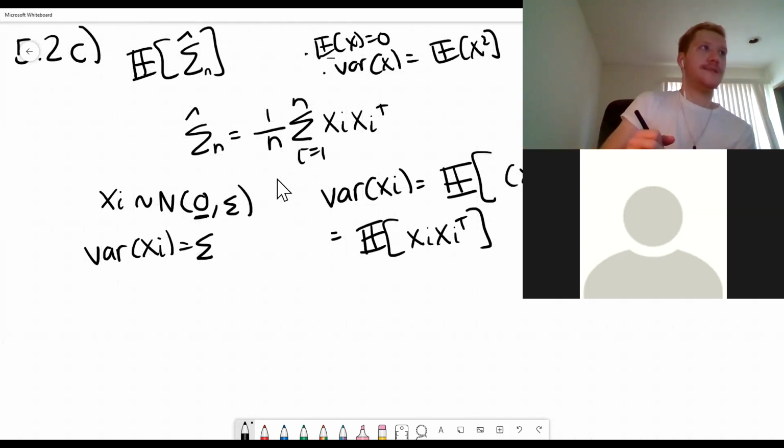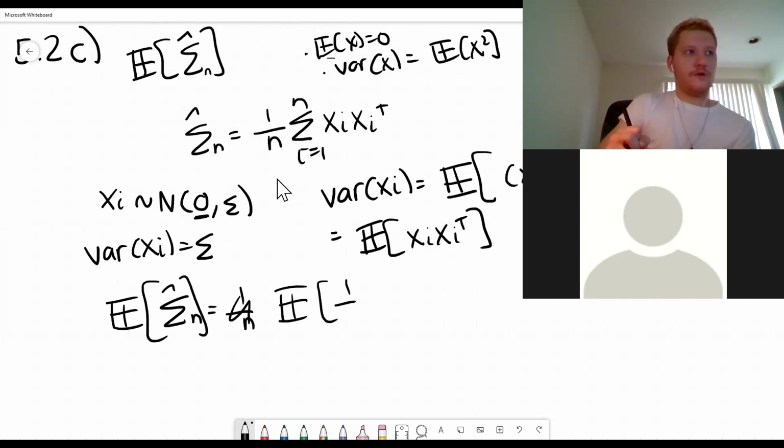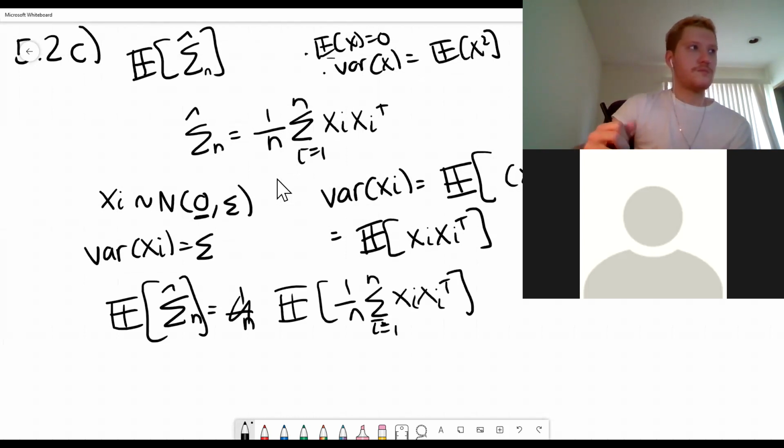So then from here, you can say that the expected value of sigma hat n, sorry, the expected value of this, is going to be the expected value of 1 over n sum from i equals 1 to n of xi xi transpose, which is equal to 1 over n sum from i equals 1 to n of the expected value of xi xi transpose.